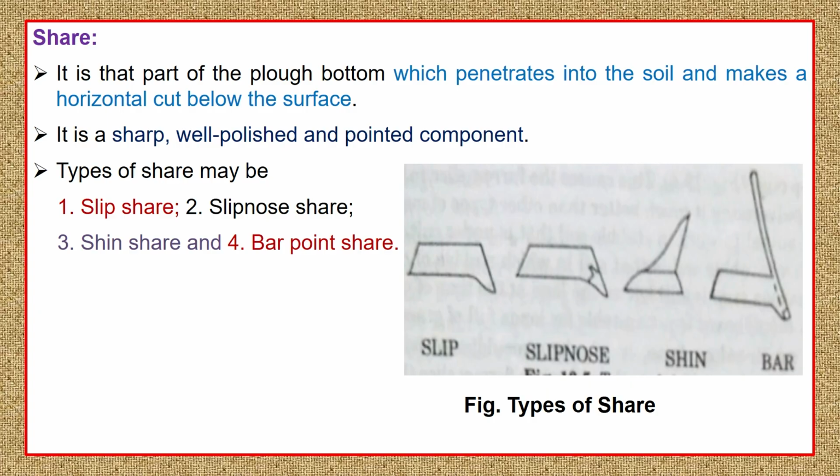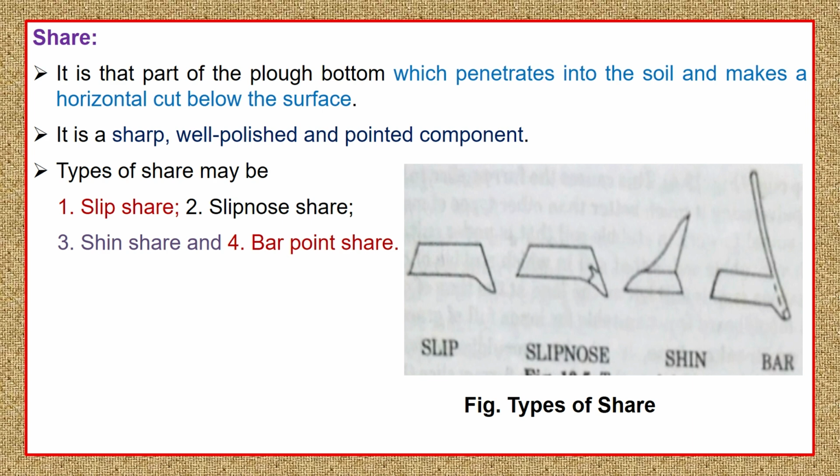As you can see in this picture, the second one has a replaceable nose. So that replaceable nose helps us whenever that point becomes blunt. Then there is no need to replace the entire part. Instead, you only replace that nose. So that's how it is more economical, because replacing the nose will fetch you less money compared to replacing the whole part, as was the case in the slip shear.